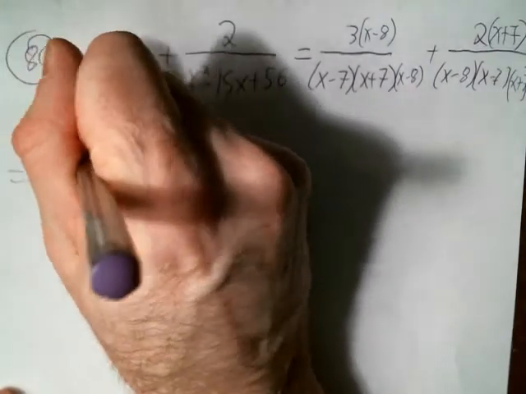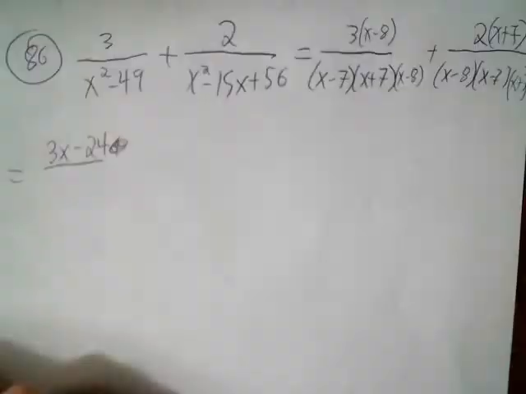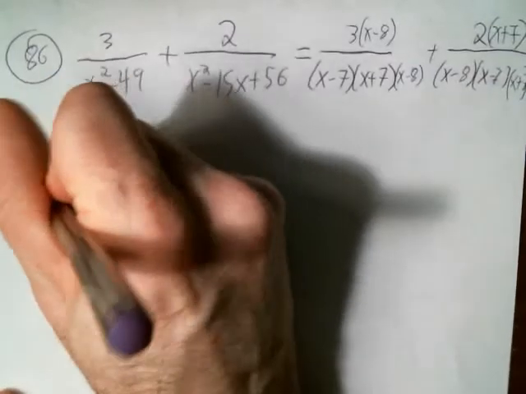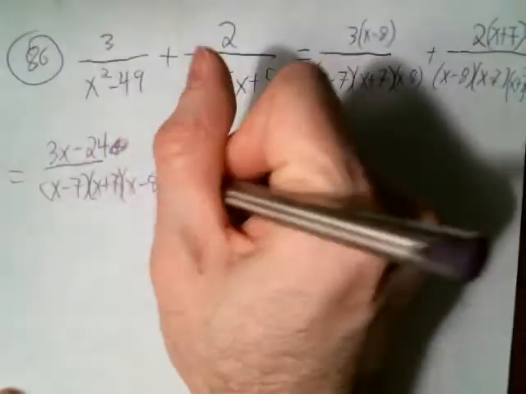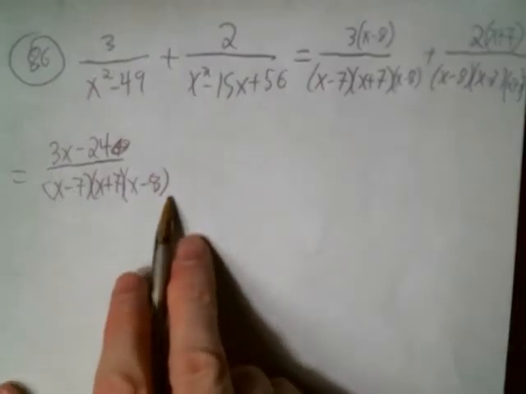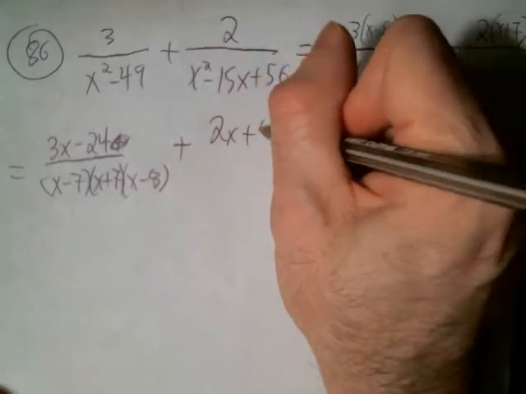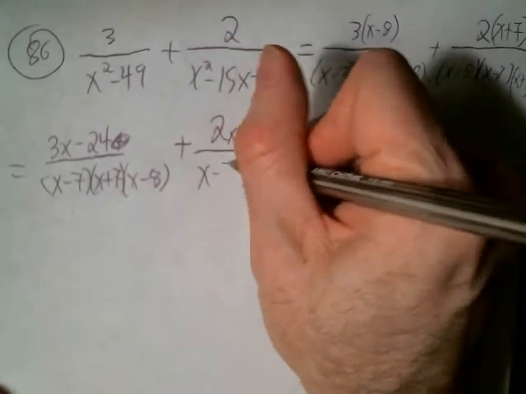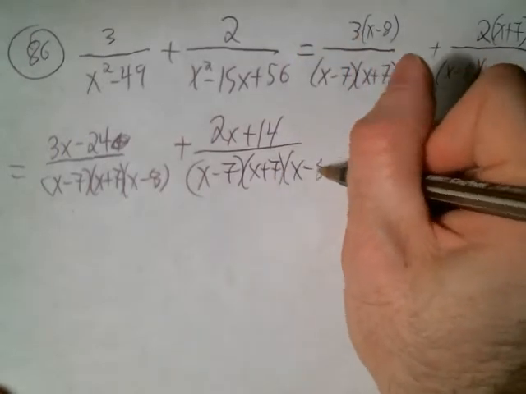So I have 3x minus 24 plus, no, just, let me get my fraction set up. 3x minus 24 over x minus 7, x plus 7 times x minus 8. Then plus 2x plus 14 all over x minus 7 times x plus 7 times x minus 8.